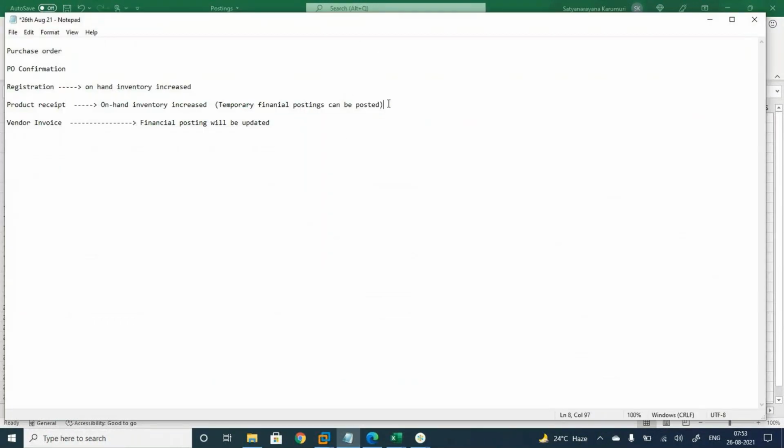But while doing these temporary postings, it will not consider taxes and charges. I mean to say, even if taxes are there, they will not be posted. It will not consider taxes. It will not consider charges. Charges means loading charges, unloading charges.